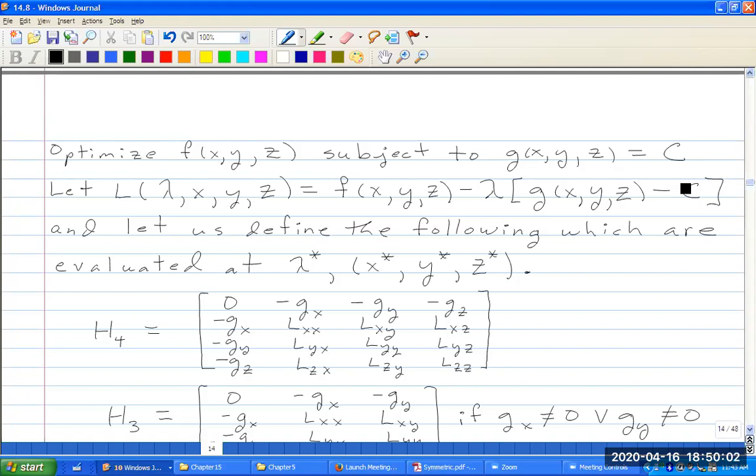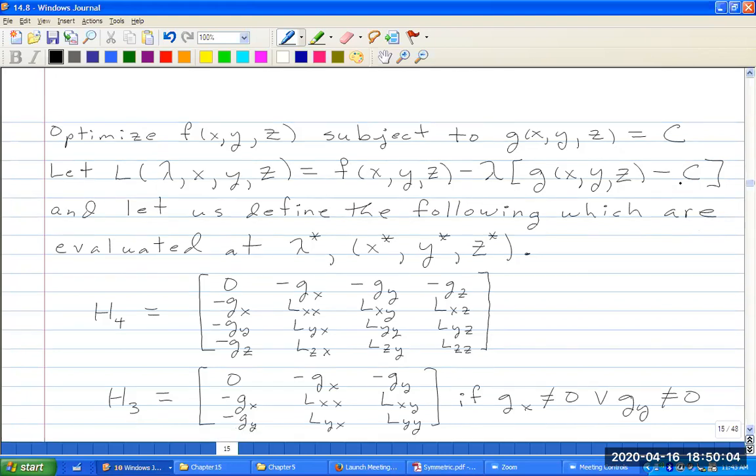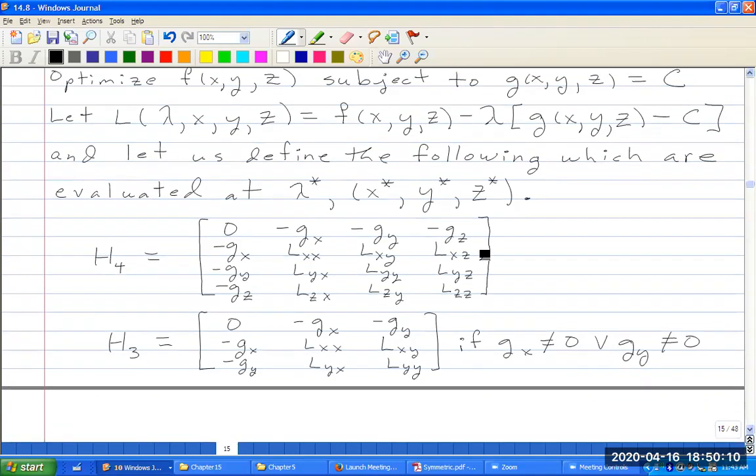So let's define the following, again, which are evaluated at lambda star, x star, y star, z star. I'll call this H sub 4, because it's a 4 by 4 matrix, and H sub 3, because it's a 3 by 3 matrix. So again, notice 0, then minus gx, minus gy, minus gz, and then the same thing on this side.